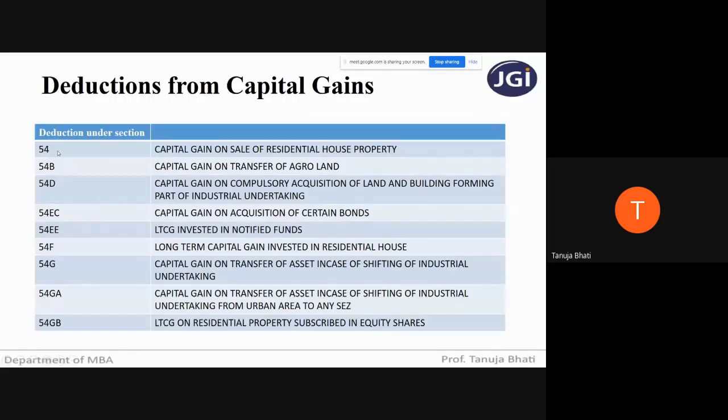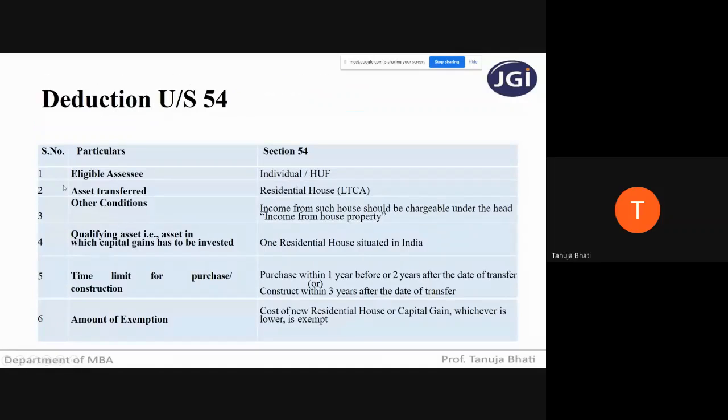From section 54 to 54F, in detail we will see when this deduction is available, to whom it is available, and what conditions are required to make sure the deduction is available. So let us go one by one, seeing a detailed analysis of these deductions. Let us first see deduction under section 54.